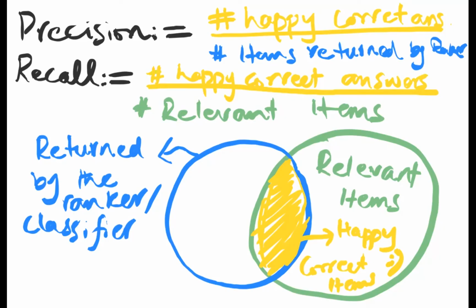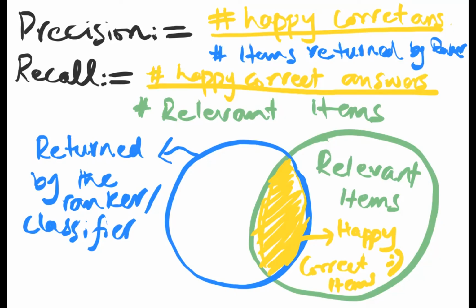And the recall is asking the question from a different perspective: out of all the items that are truly relevant, how many are found by our ranker? So we're dividing by truly relevant items in recall. Okay. So guys, any thumbs up or any yes to let me know that you understood this concept well?